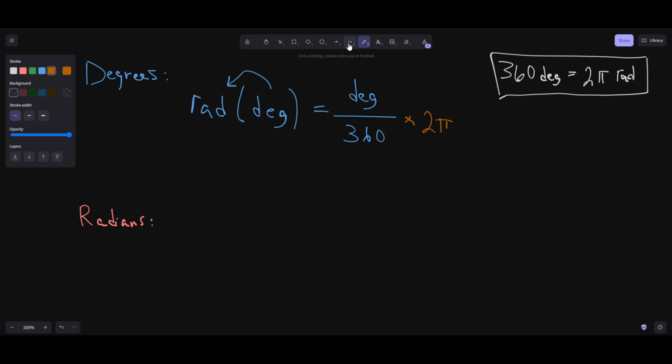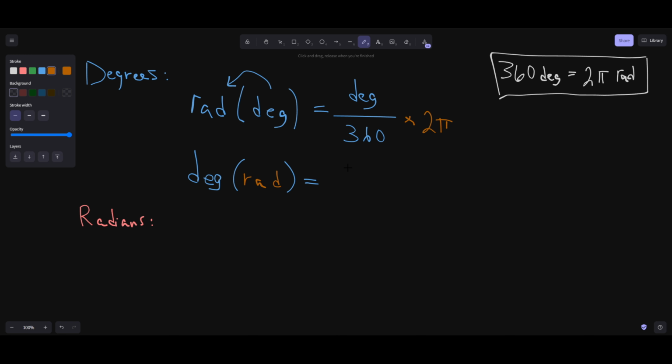And the same thing, but in the opposite order, for converting radians into degrees. So if I have degrees as my output, actually I'll use blue for degrees still. Degrees is my output, and my input is radians.